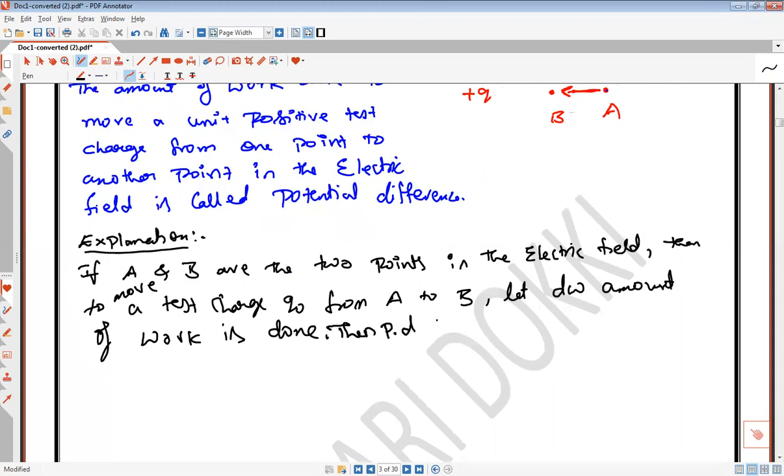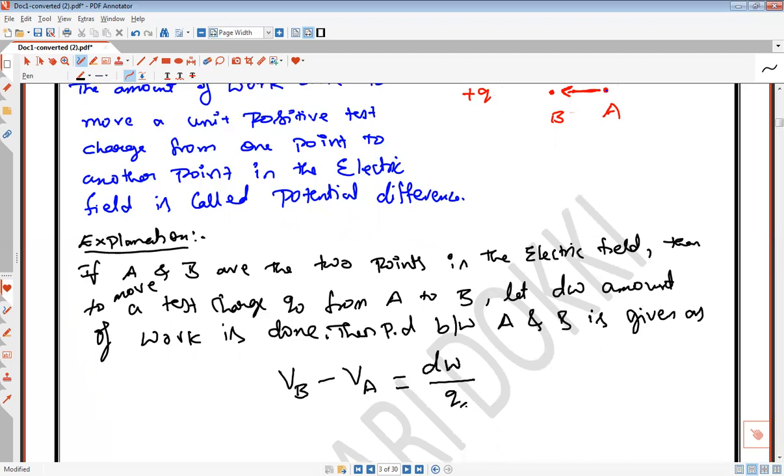the potential difference between A and B is given as VB minus VA equals dW by Q0.